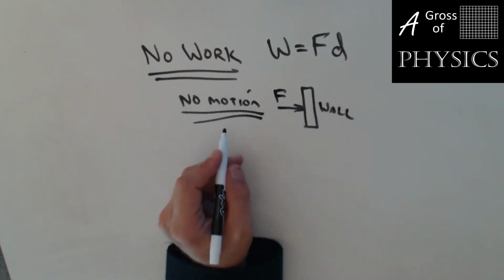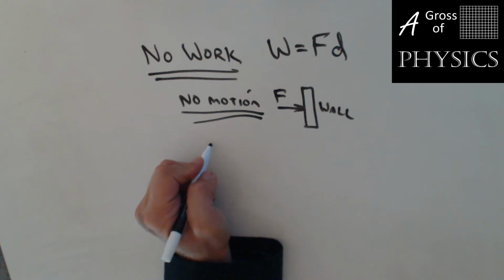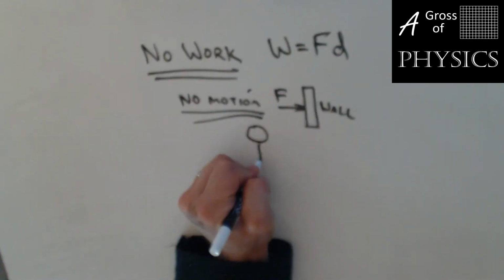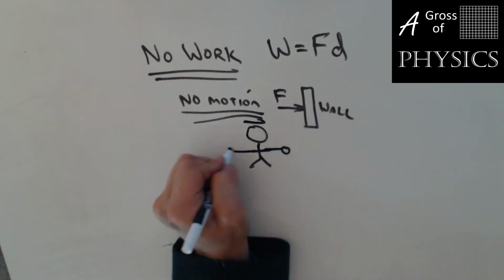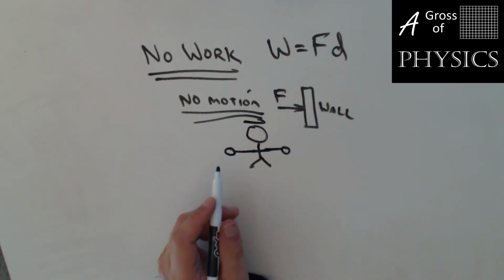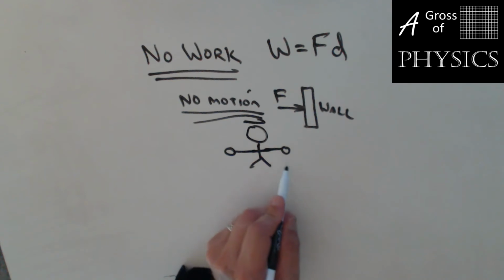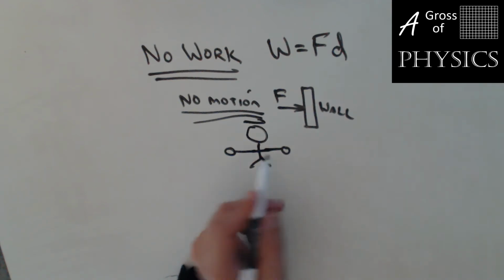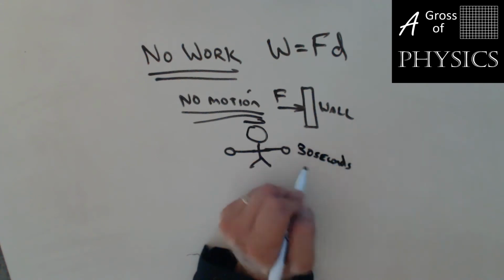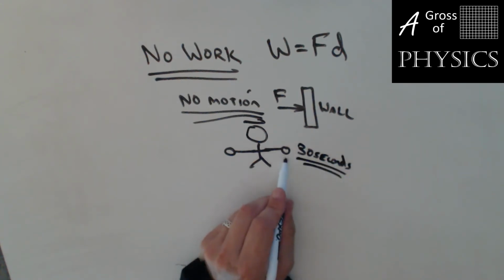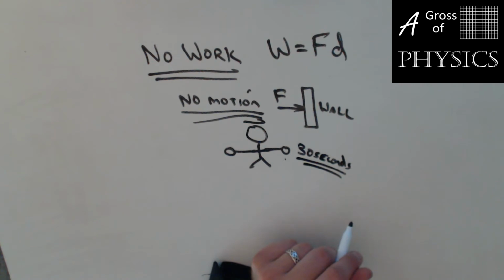If you were to hold something, like weights or something like that, and you have freakishly long arms apparently, and you just stand there and you hold them out for 30 seconds, during the time that you're holding them stationary, you're doing no work.